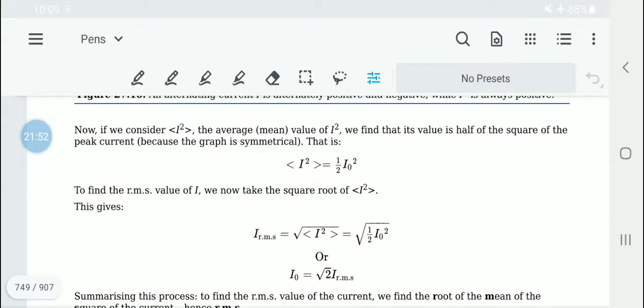And after that write, as a result, if we are to obtain the average value of I squared, we see that to be half of the square of the peak current.